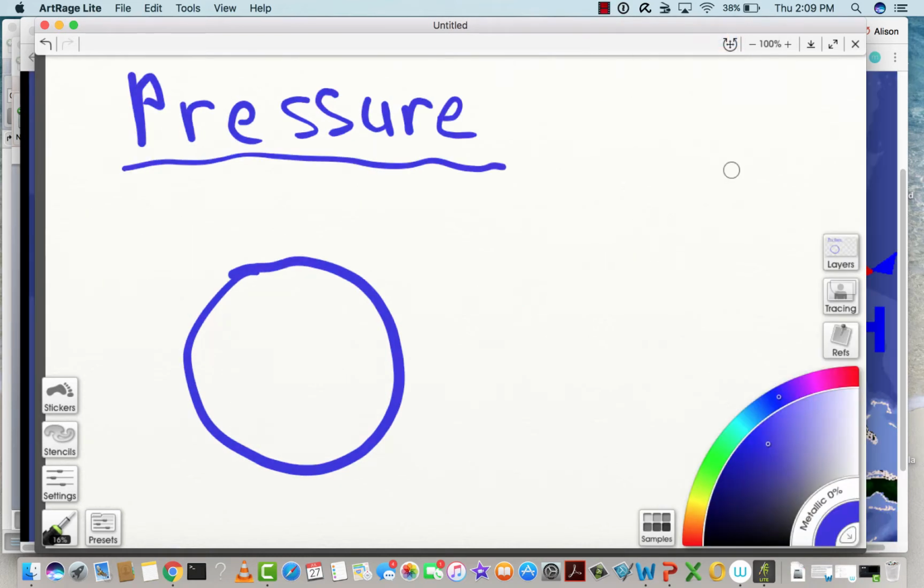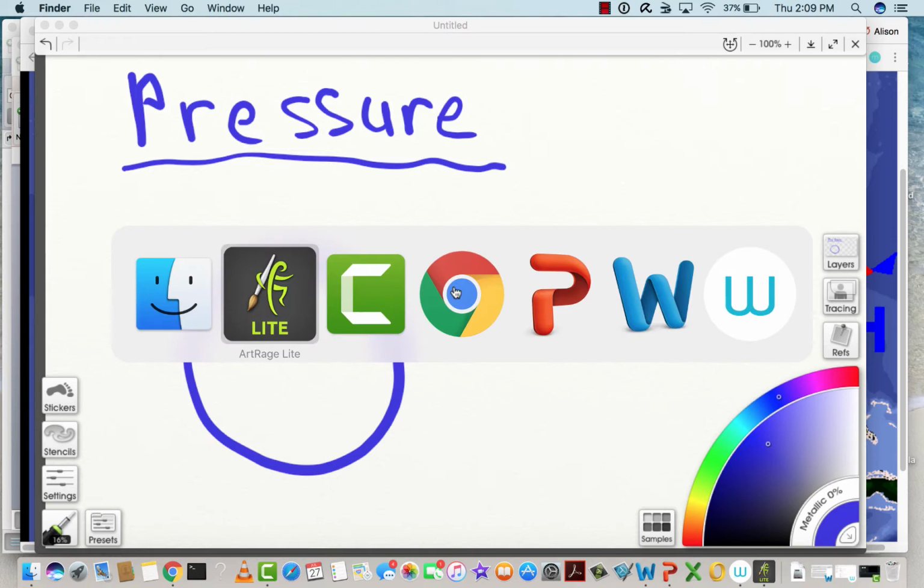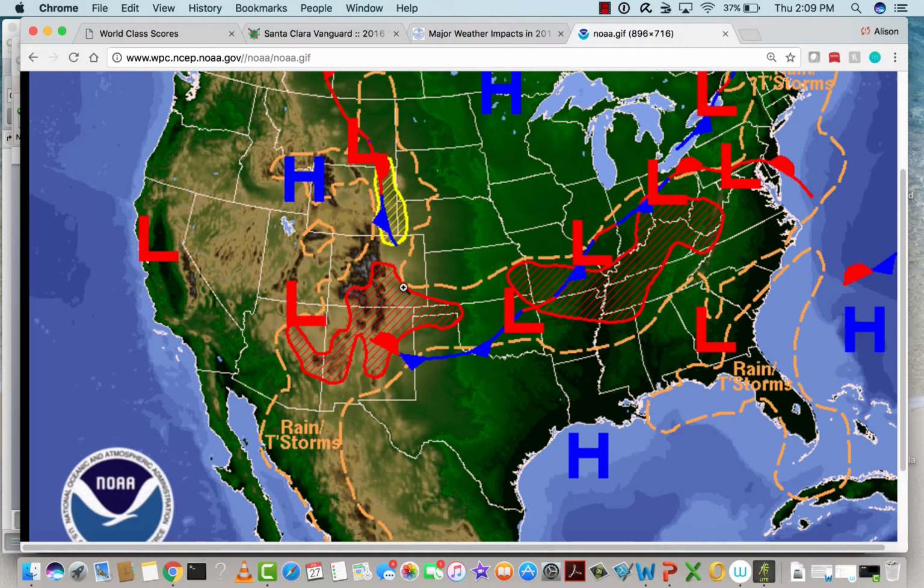Okay, the third quantity that we want to look at in terms of what's going on inside our air parcel is pressure. Air pressure is something that we pay a lot of attention to in weather forecasting. Here's an example. Here's today's weather map. And no doubt you've seen weather maps with the letter H and the letter L written on them.